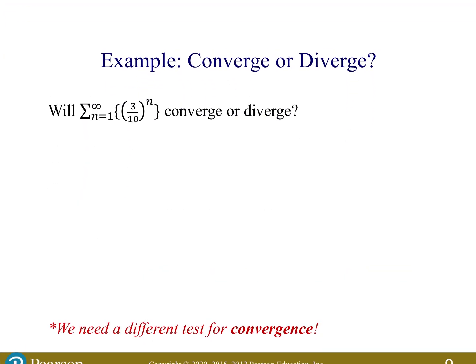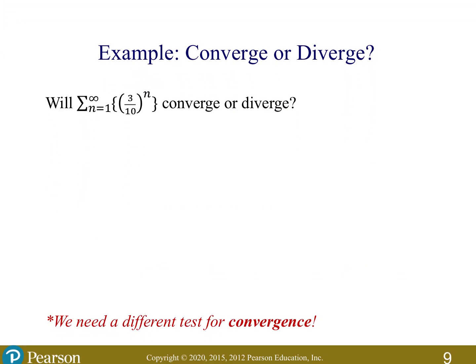Okay, here's another one. Will this series converge or diverge? Okay, well, we want to apply the nth term test. It's always helpful, too, for you to sort of announce which test you're trying. So I usually get in the habit of saying what I'm going to try.